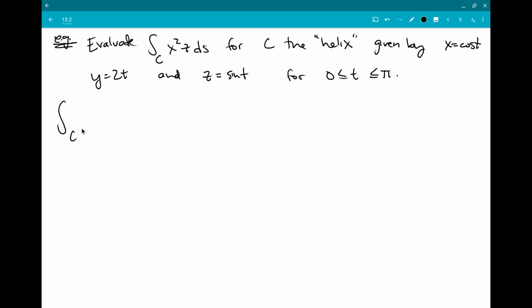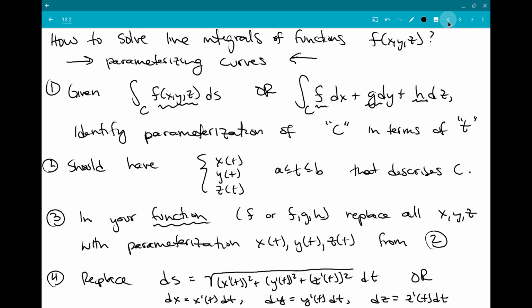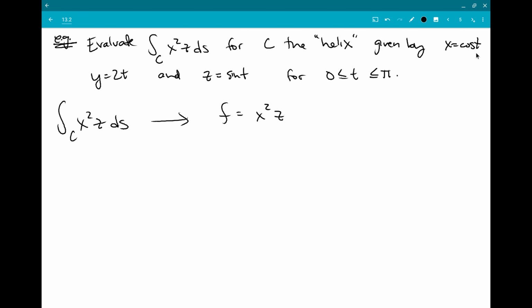So the parts of my integral are going to be: f is equal to x squared z. And since I've already been given this parameterization, I have my x of t, y of t, z of t. It's cosine t, 2t, sine t.